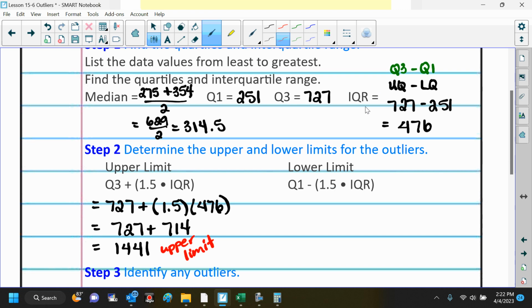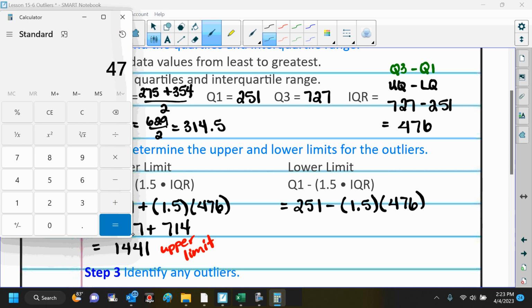Now we want to do the same thing for the lower limit, okay? Quartile 1 is 251. So that's 251 minus 1.5 times the interquartile range, which is 476. Now we simplify. 476 times 1.5 gives us 714.